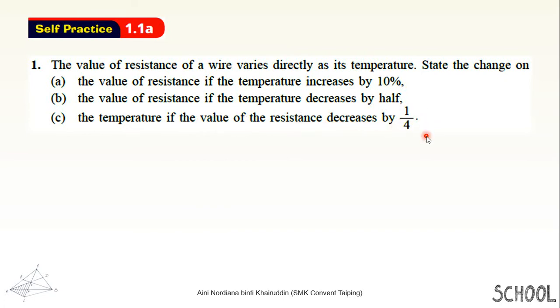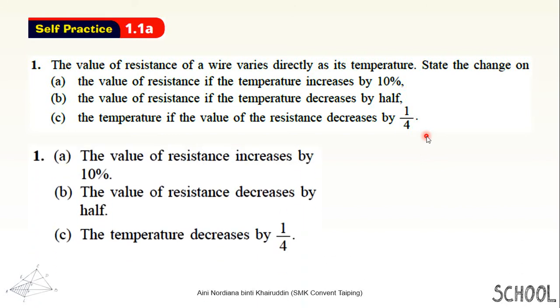As this is a direct variation, the value of resistance also increases by 10%. For B, the value of resistance decreases by half, and C, the temperature decreases by 1/4.